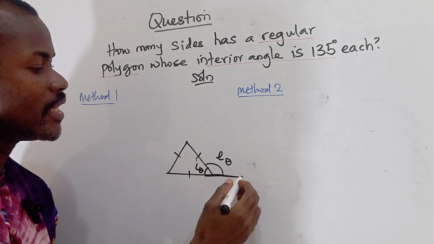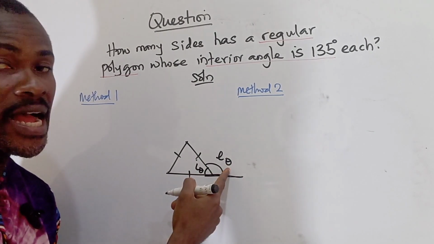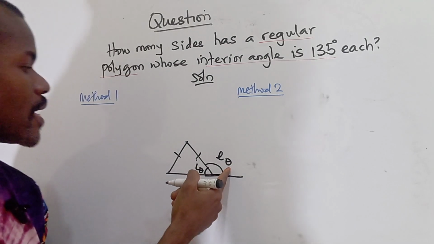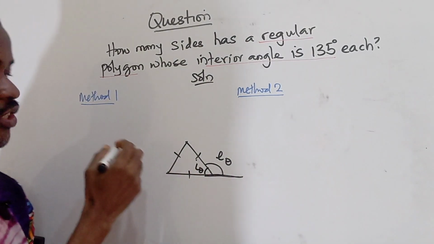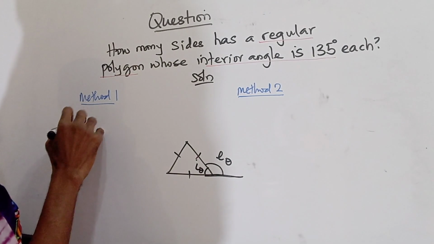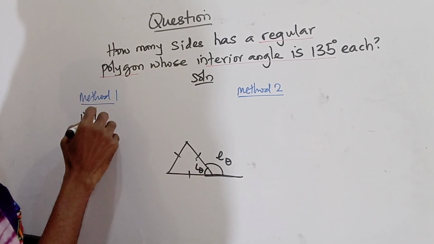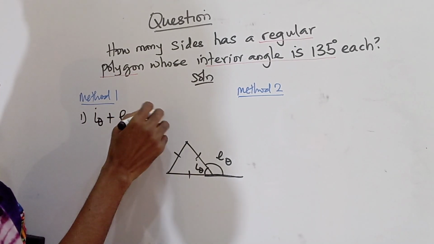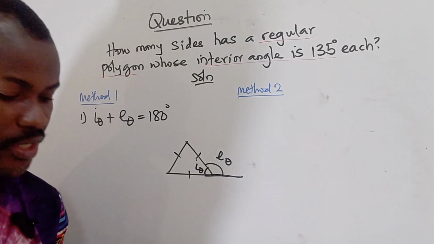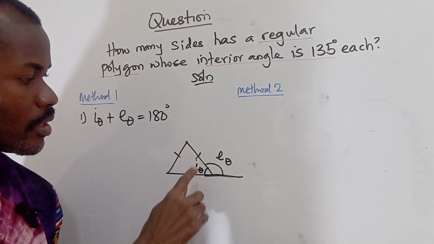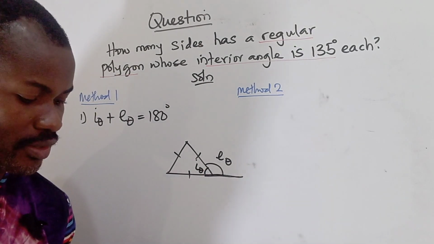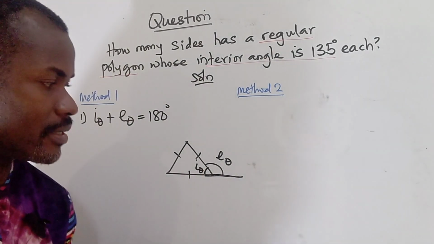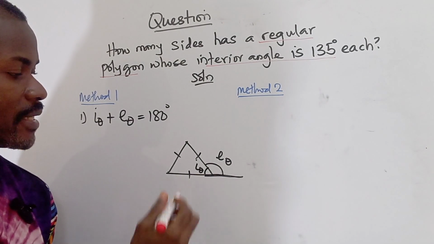There are some relationships between the internal angle and the external angle. The first relationship I have is: internal angle plus the external angle sums up to 180 degrees. The sum of angles on a straight line is always equal to 180 degrees. How do we confirm that?